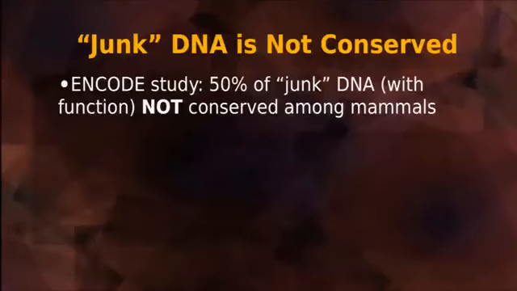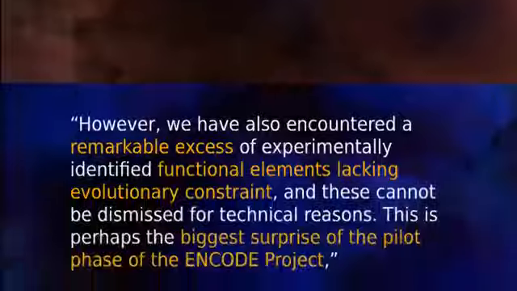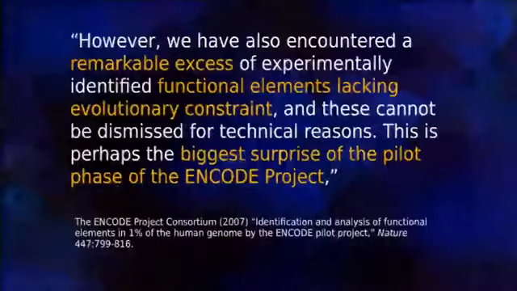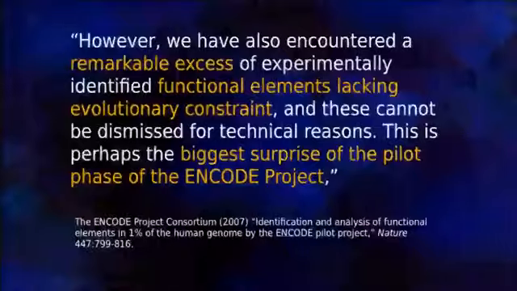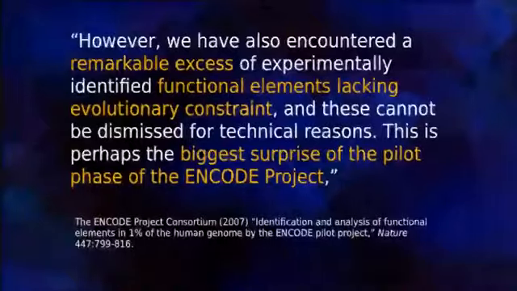The people doing the ENCODE research said it was the most surprising finding of the study. They said in their paper, "However, we have also encountered a remarkable excess of experimentally identified functional elements lacking evolutionary constraint." What does that mean? Basically, we found a lot of the junk DNA is not conserved. It's not the same among mammals.